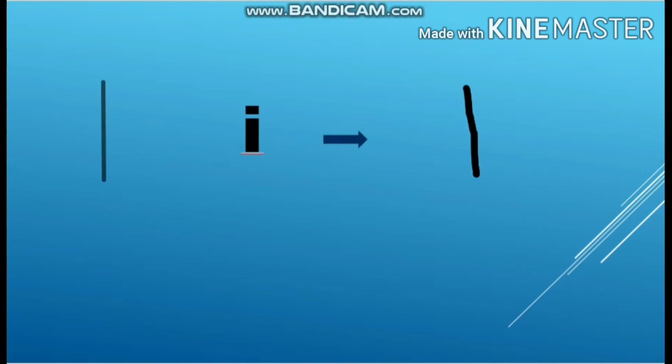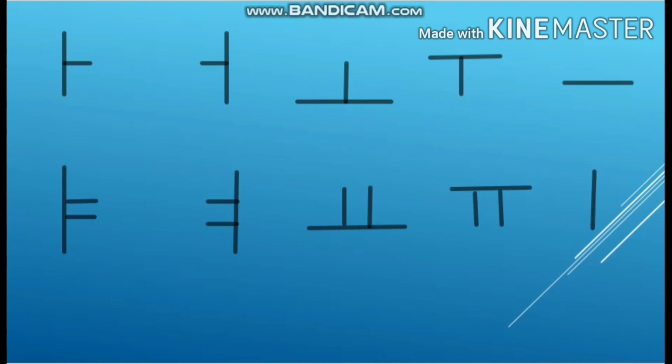Just practice: top to bottom, one line. It makes a sound like meat, seen. That is the e sound. So we have learned the 10 basic vowels.